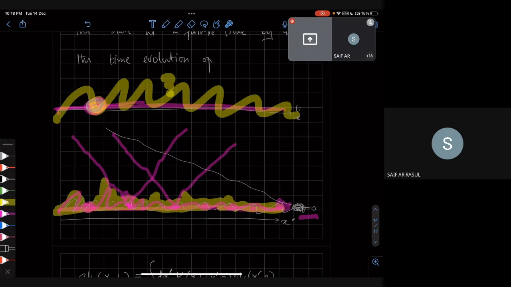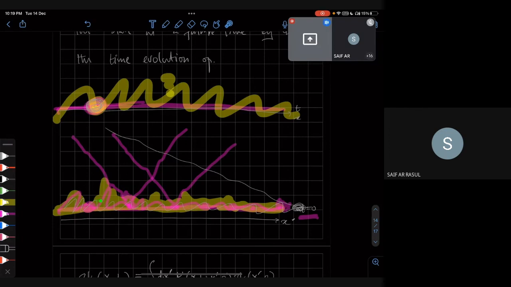So for wave mechanics, the value of the wave function here, in principle, will depend on the value of the wave function at all values of x in the past, because stuff can propagate from here to here. Suppose the particle has a lot of energy, so it's traveling fast, so it can travel from here to here, or here to here.